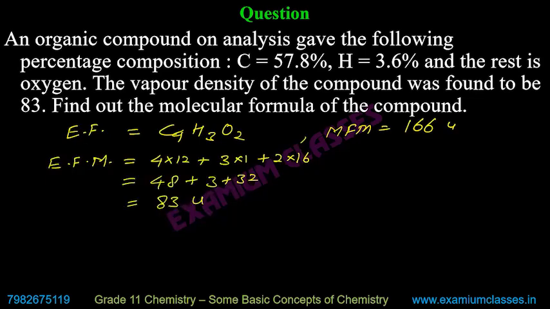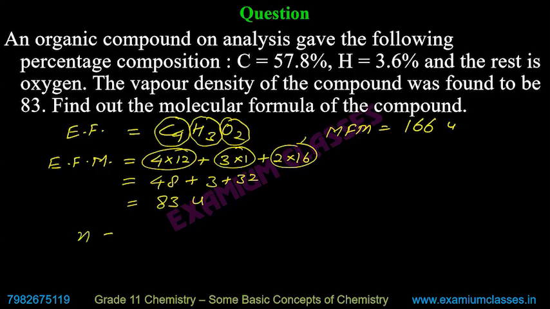C4H3O2. So we calculated the empirical formula mass. C4 means 4 times 12, H3 means 3 times 1, atomic mass of hydrogen 1, and 2 times 16, atomic mass of oxygen. And we got 83. Then how did we get the molecular formula mass?